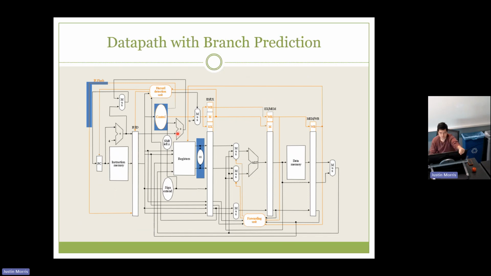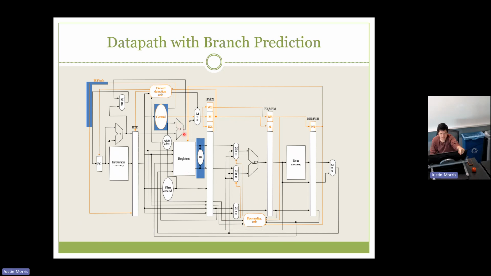All right, so this is our data path with branch prediction. We just updated the hazard detection unit. And we also have updated the forwarding units to be able to forward not just to execute, but up here to our branch.